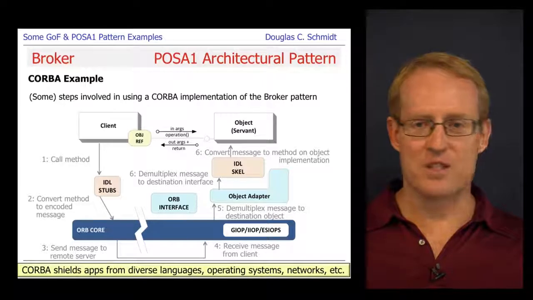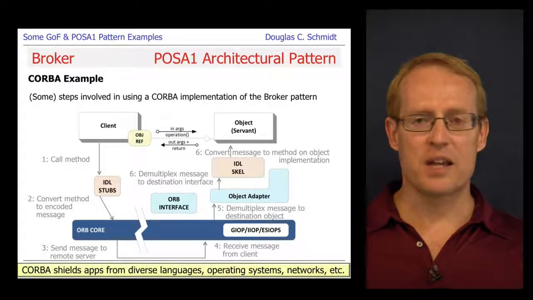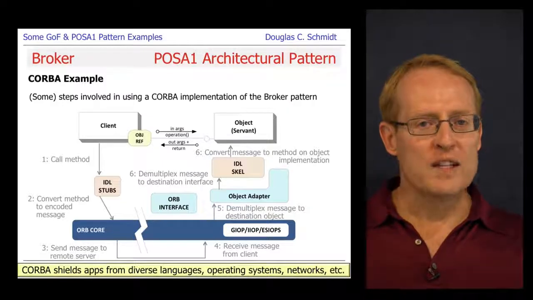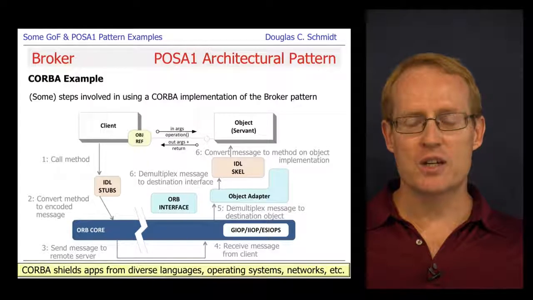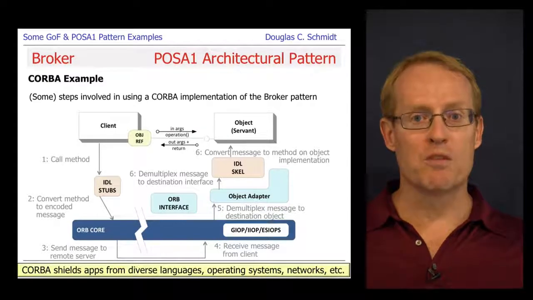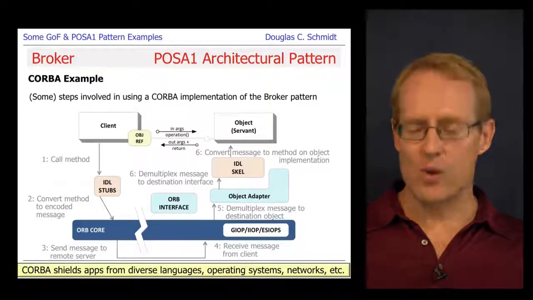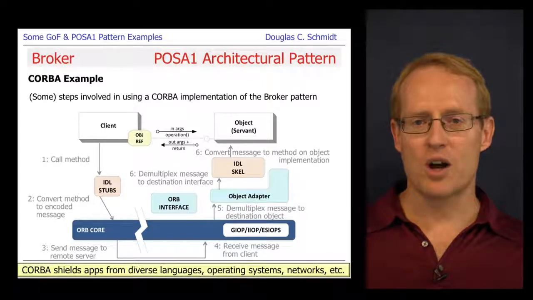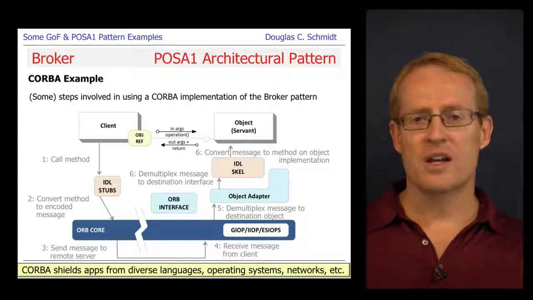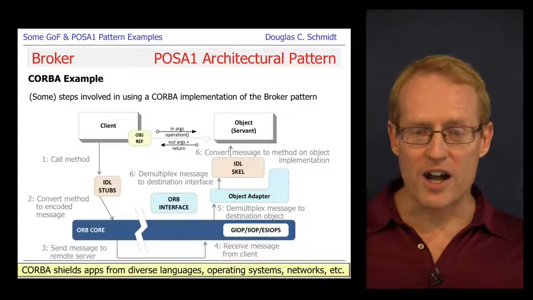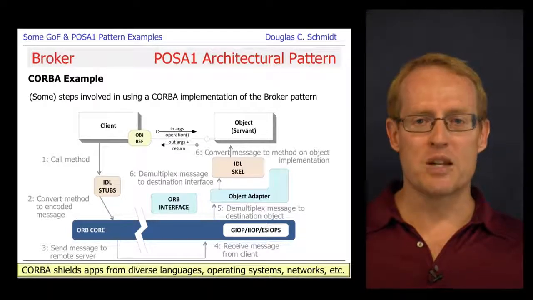And once again, if this is a two-way call, the same sort of process takes place going back to return the result back to the client. One of the things that CORBA does that goes even further than the Android binder mechanism is it shields the application developers from even more diversity. So for example, not only can you have different programming languages, but you can also run on different operating systems, you can run over different protocols, you can have lots of different hardware involved, and CORBA shields you from all those details.